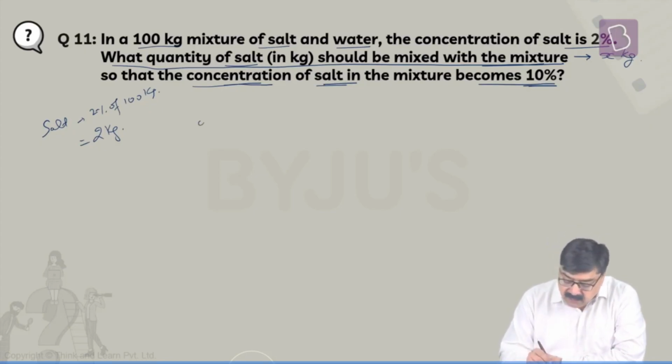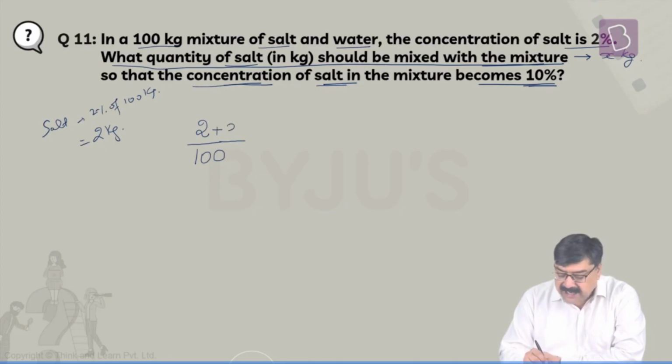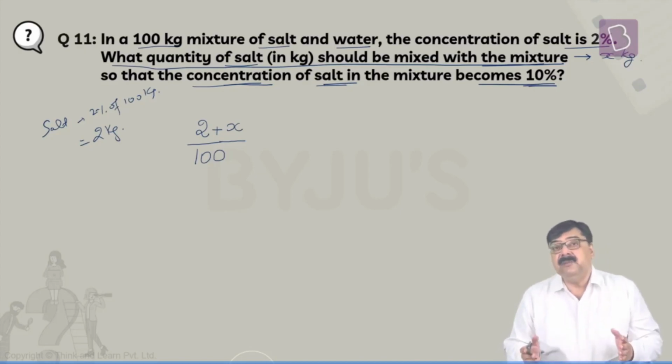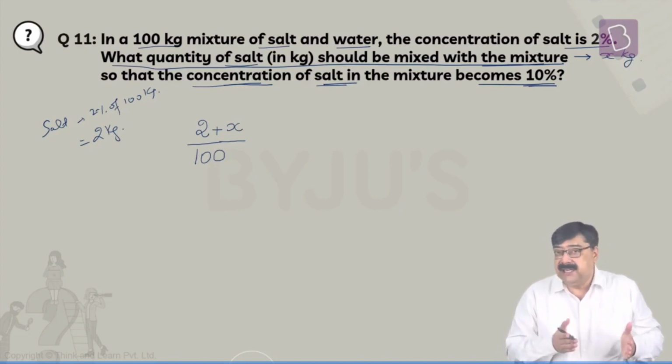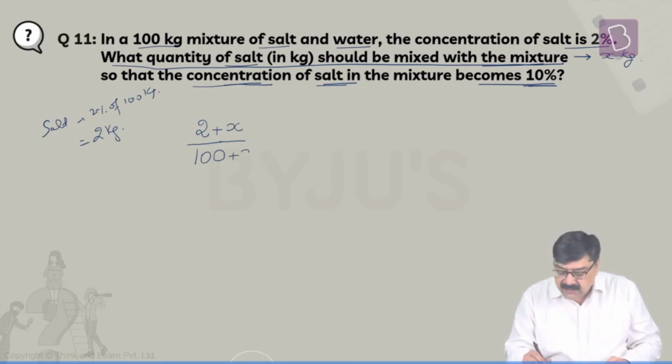Now, currently what is the position? There is 2 kg of salt in 100 kg of salt water mixture. Now, after you add X kgs of salt to this mixture, the amount of salt in this mixture will become 2 plus X kgs, and the total amount of mixture will increase from 100 to 100 plus x kgs.